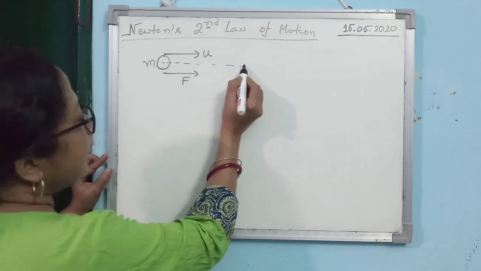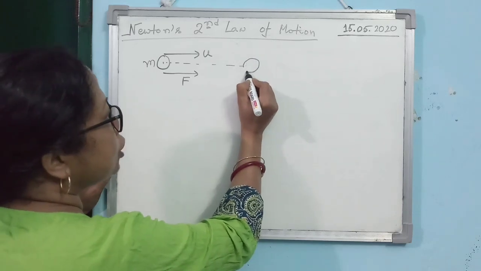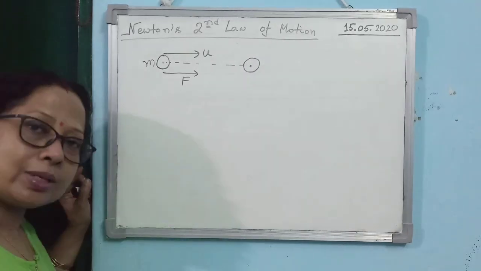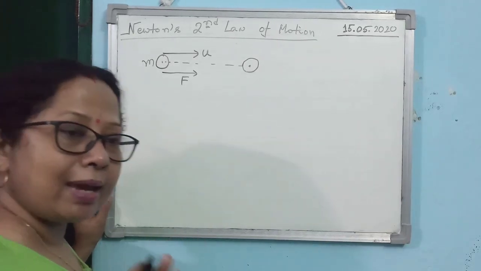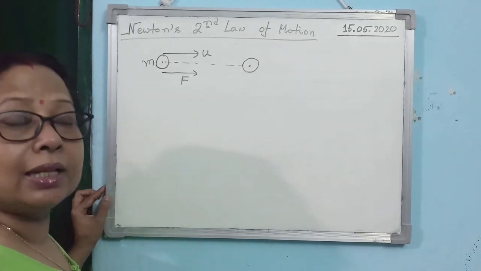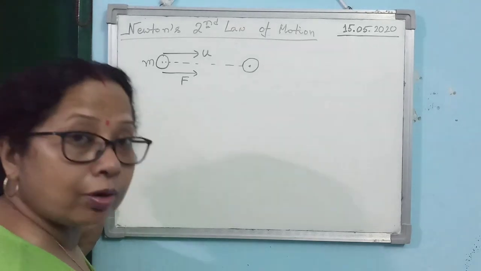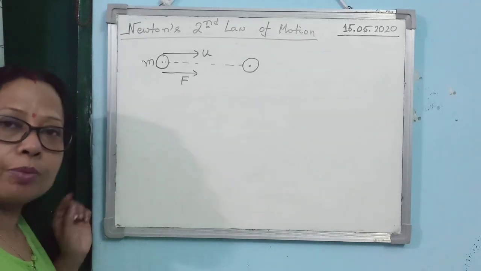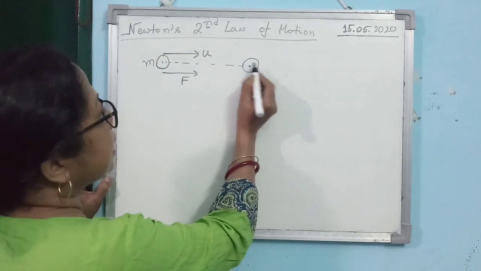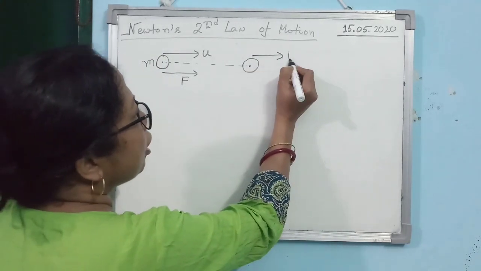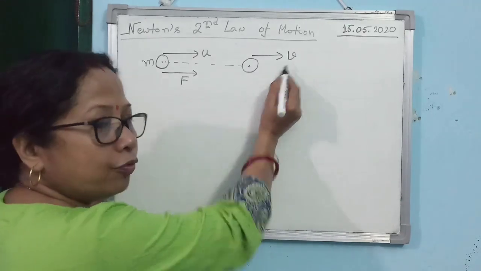The body will have an accelerated motion. Already in the last chapter we studied that when a force is applied on a body in the same direction, the velocity of the body will increase. So, what kind of motion will the body have? Accelerated motion. Let us consider the velocity of the body becomes v.